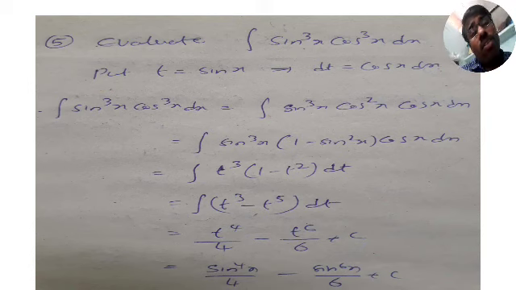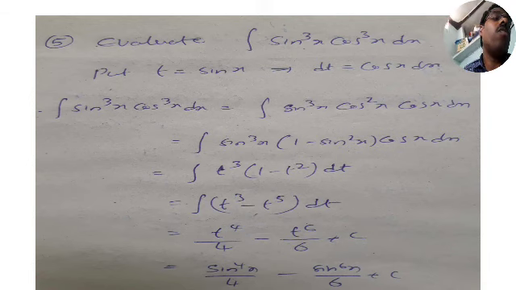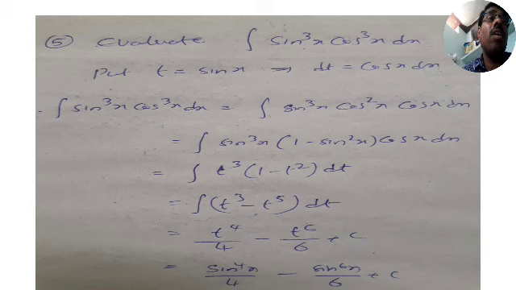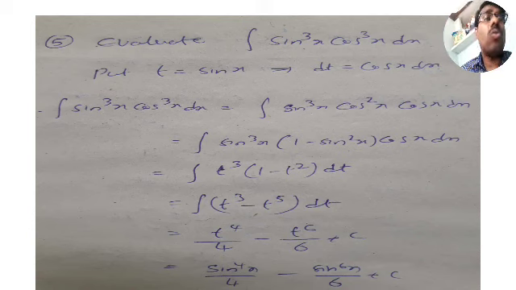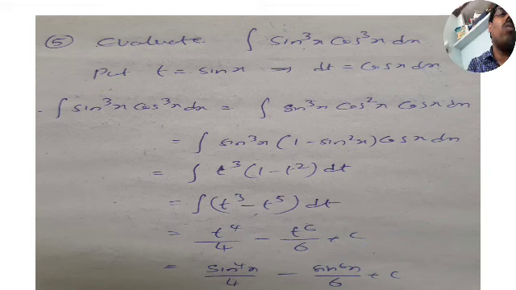If you take t is equal to sin x, your answer will be in sine terms, and if you take t is equal to cos x, your answer will be in terms of cos x. That's it. Nothing changes. Are you getting? So the new point I am telling is, if both numbers are odd and they are equal, then you can take either t is equal to sin x or t is equal to cos x.